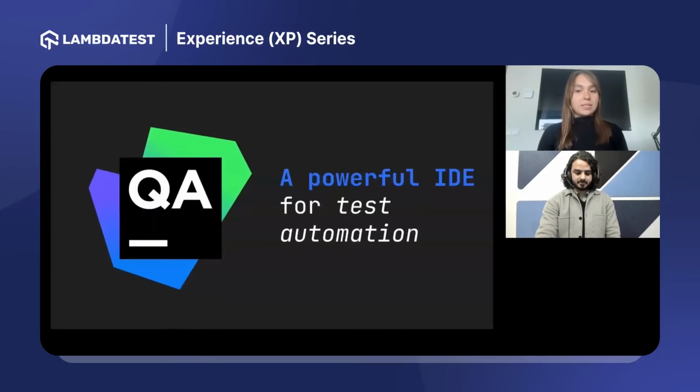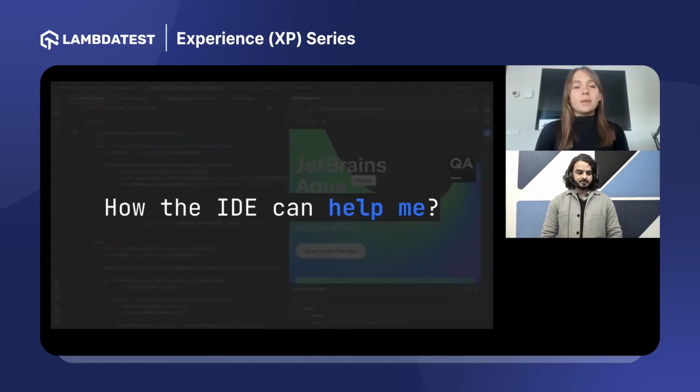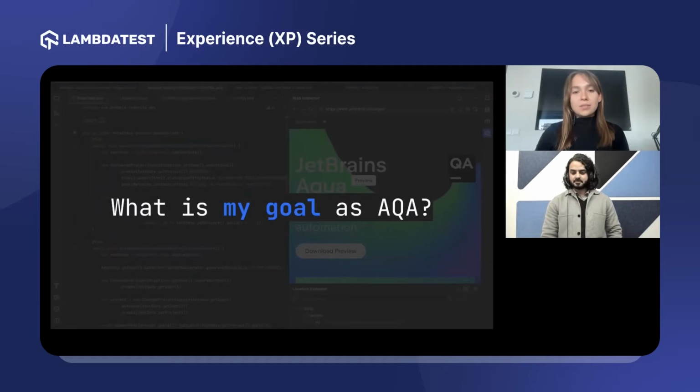As I already told you, JetBrains Aqua is a powerful IDE for test automation. When I'm thinking about the value of an IDE in a QA automation engineer's life, the first question I ask myself is how the IDE can help me as a QA automation engineer. To answer this, the next question is, what is my goal as a QA automation engineer?